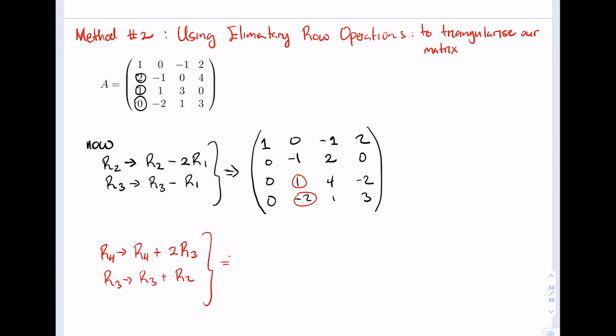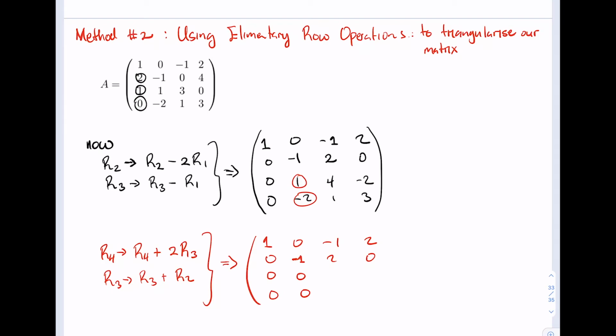Okay, performing these EROs then gives us 1, 0, minus 1, 2, because I haven't changed anything inside of the first row. 0, minus 1, 2, 0, because I haven't changed anything in the second row for this set of transformations. Right, but here this one becomes 0. This is still 0. Right, now I have 0, 0, but I need to figure out these other 4 terms.